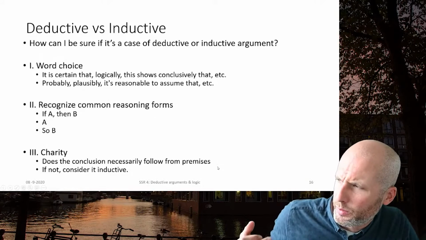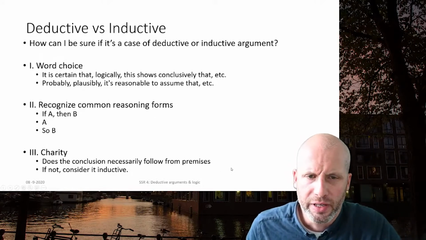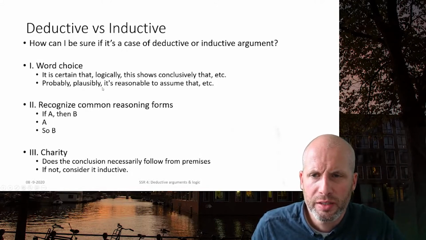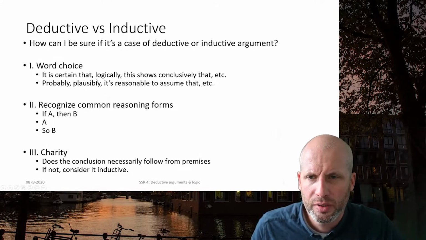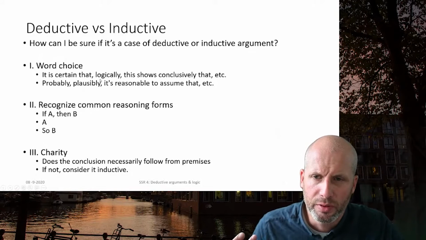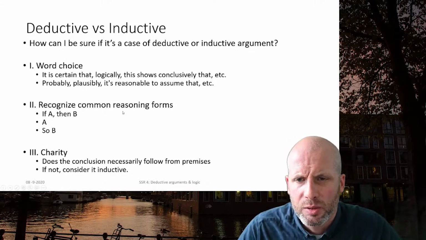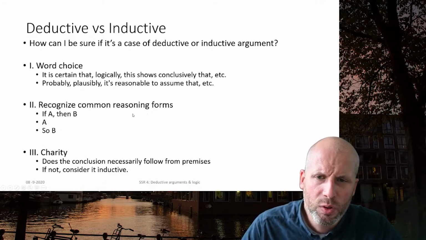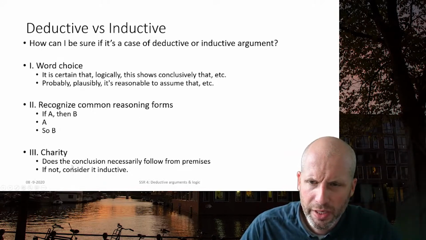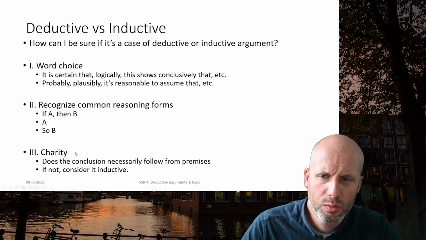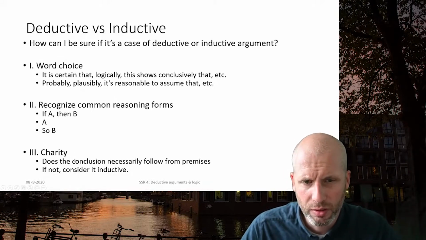Well, then again, it becomes a matter of identifying those deductive arguments by identifying the different words that people might use when they're trying to give a deductively valid argument. You could recognize common reasoning forms that we're going to talk about in a while. And it actually doesn't matter that much for SSR because we're being charitable in our assessment of arguments.